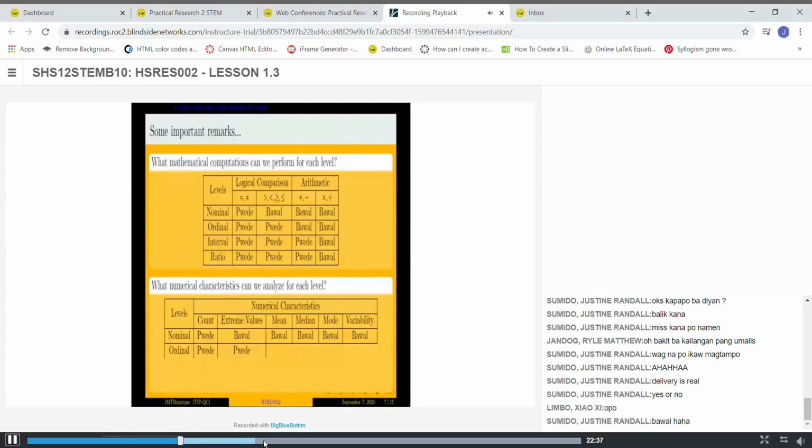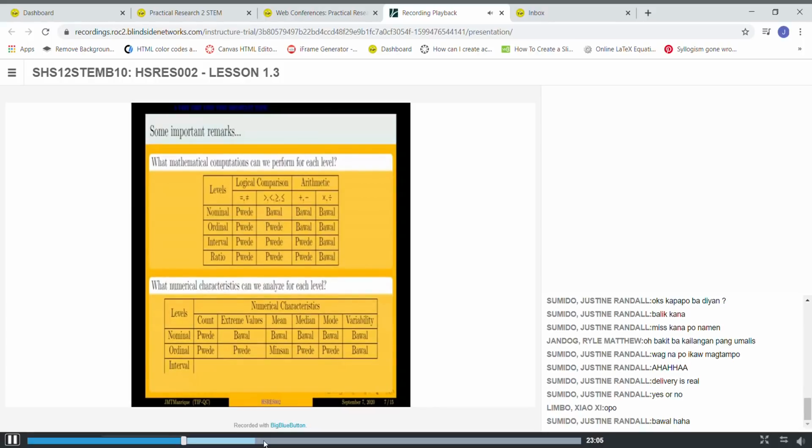For the average, minsan pwede, minsan bawal. I will explain later kung bakit pwede. Meron din tayong median, meron ding mode, but there's no variability. Remember, in ordinal data, the distances between two categories or two values has no meaning.